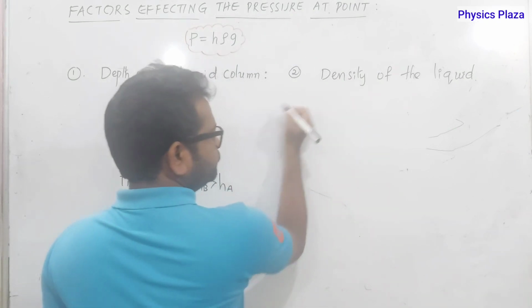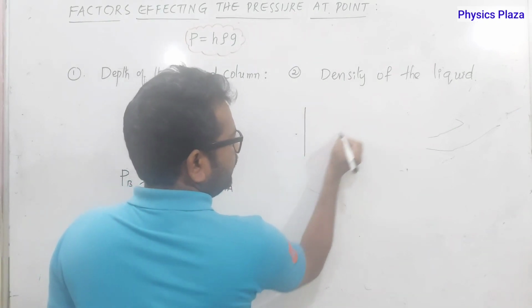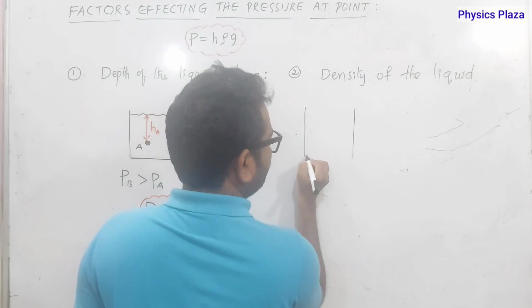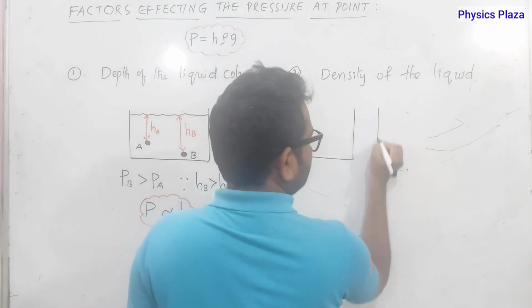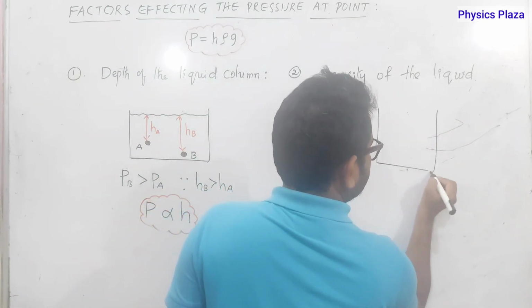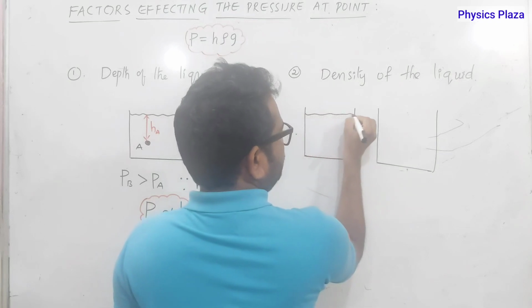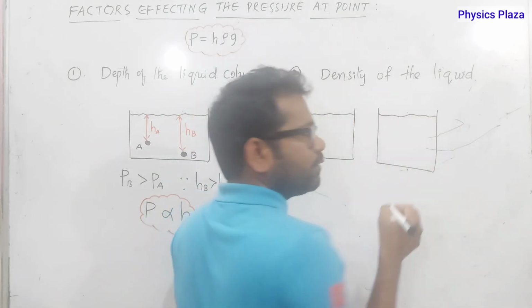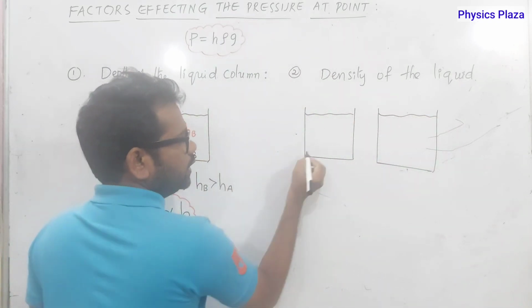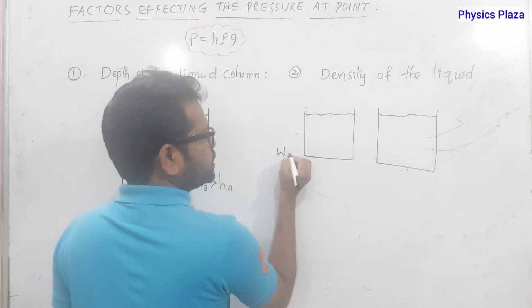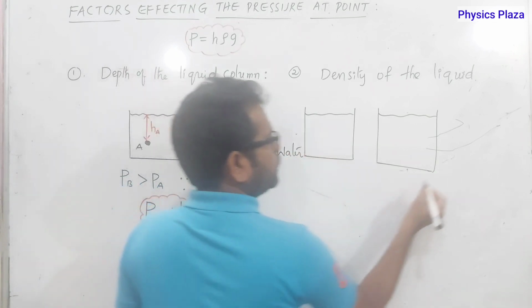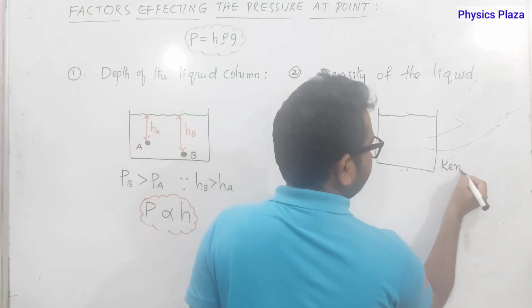Okay, fine children. So, let us take two vessels. In the two vessels, two different liquids are taken. Let us take well-known liquids: this first one is water, and here is kerosene.